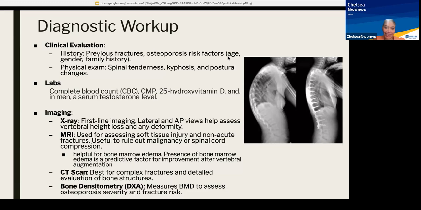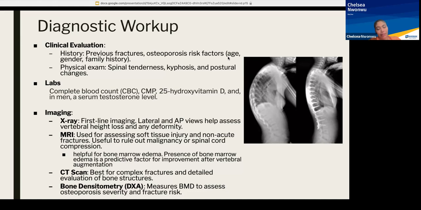I'll just say it. So for the CBC, we want to rule out anemia or leukocytosis, which may suggest malignancy or infection. Also, the CMP particularly includes calcium and phosphate levels, so that can assess bone turnover. And then more bone-specific labs include 25-hydroxy vitamin D, and low levels are common in osteoporosis and can impair bone mineralization, as well as parathyroid hormone.